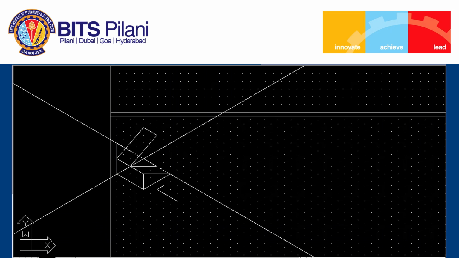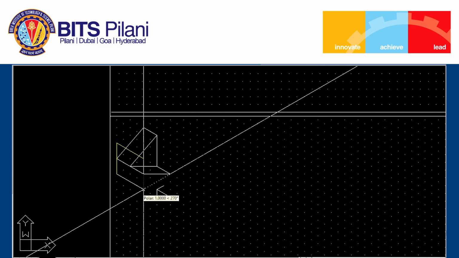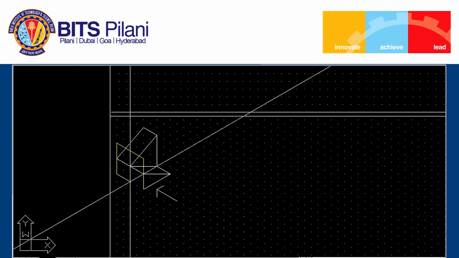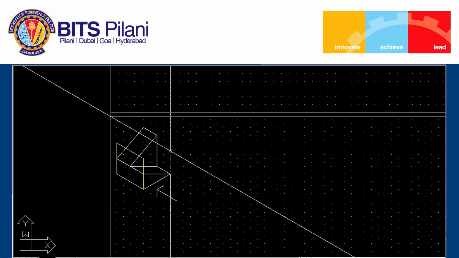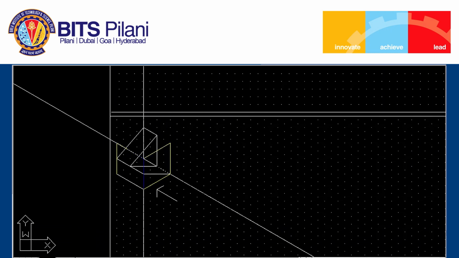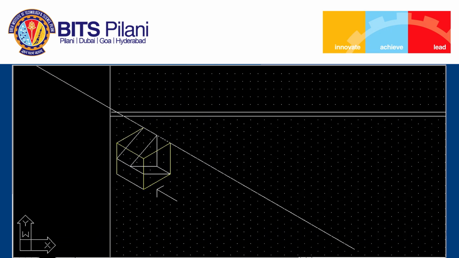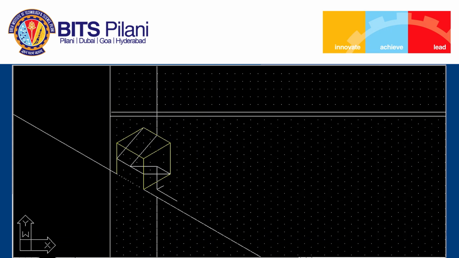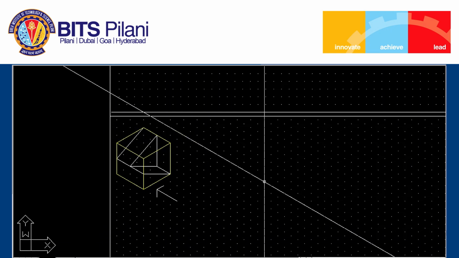I will move along the principal axis. Now this object is accommodated in the box, so I can find the dimensions of the box.